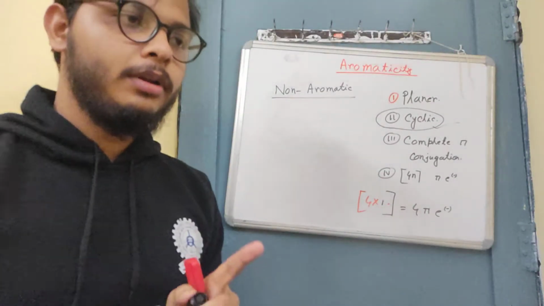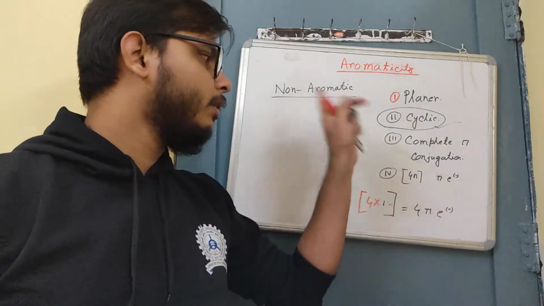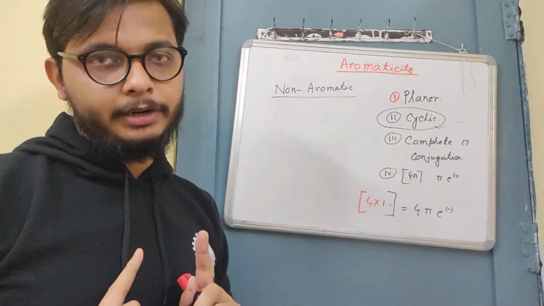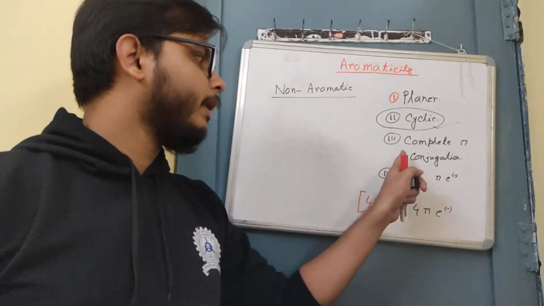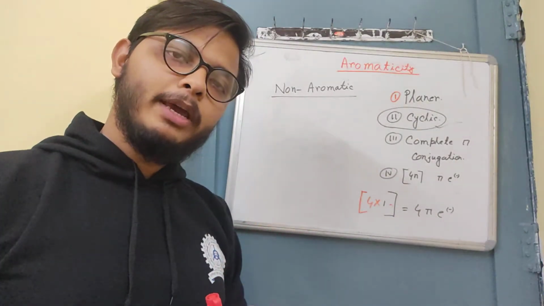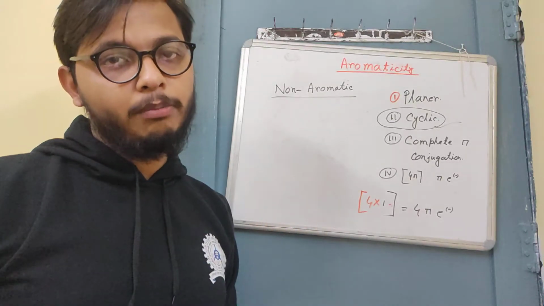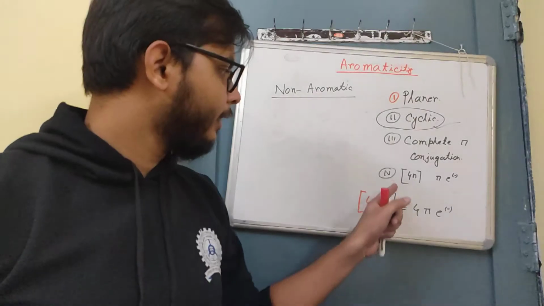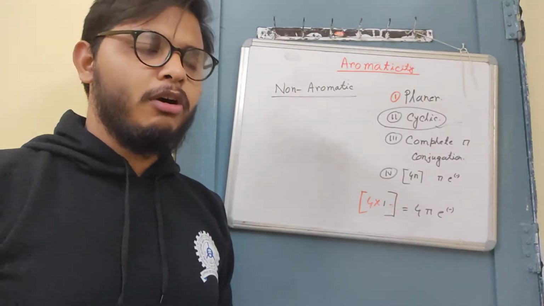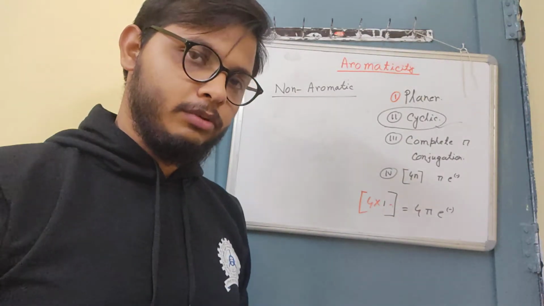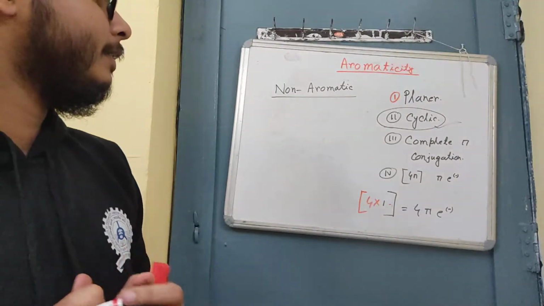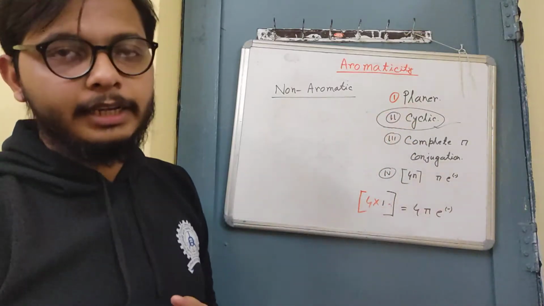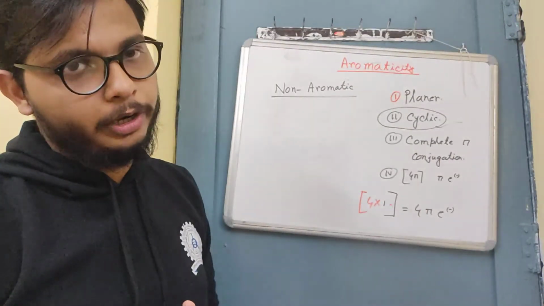The molecule may or may not be planar. There may be complete pi conjugation, or there may not be. They have it or they have not. It totally depends. There should be 4n or 4n plus 2 or something else. If this criteria is not maintained except the cyclic, then this molecule will turn into non-aromatic.